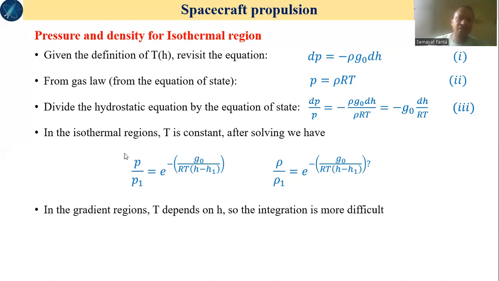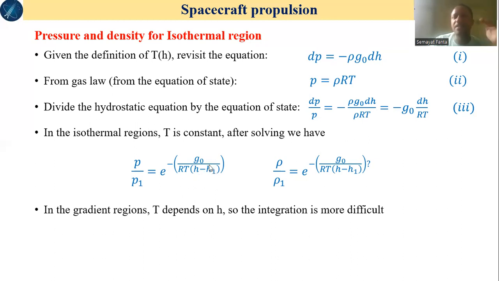So the pressure at any altitude above 11 kilometer over the pressure at 11 kilometer, where P1 is the pressure at 11 kilometer, not the pressure at sea level, equals e to the power of minus g naught over RT times delta H. Here delta H is H minus H1, where H1 is 11 kilometer and H is the next height above 11 kilometer.